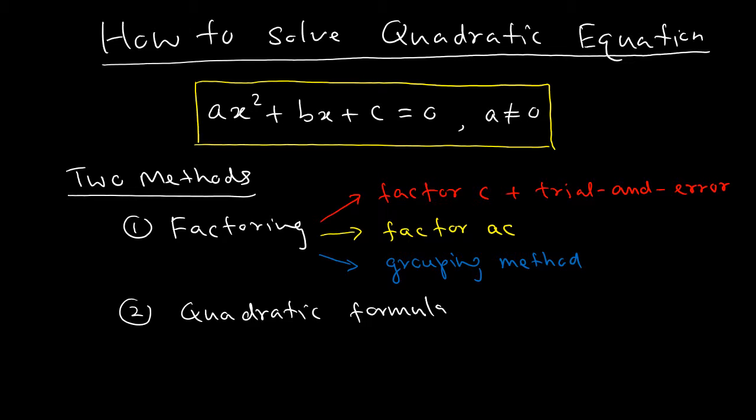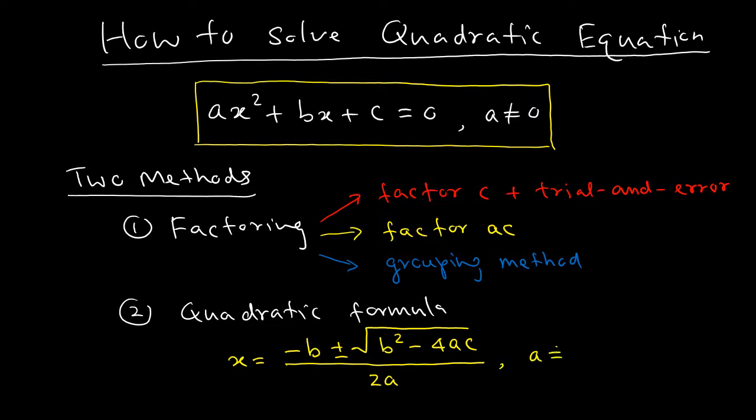Let's recall it. x equals negative b plus or minus the square root of b squared minus 4ac, divided by 2 times a. We can do that because we assume that a is not equal to 0, so this is valid. These are the two techniques that we can use to solve the quadratic equation.